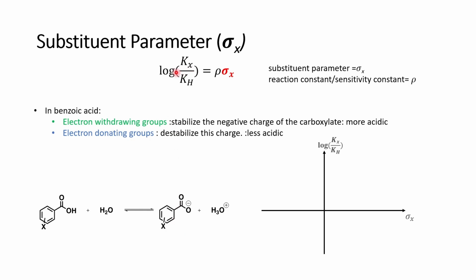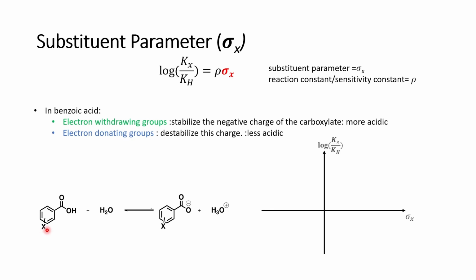Okay, so let's consider two hypothetical scenarios where you have an electron withdrawing group in the benzoic acid and an electron donating group in the benzoic acid.